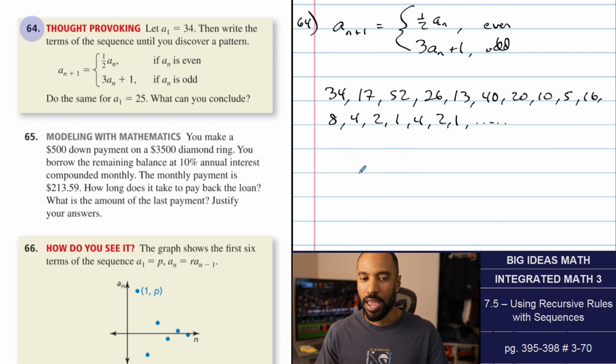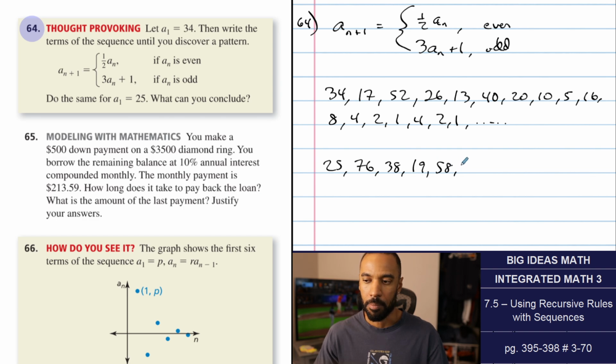Do the same thing for a sub 1 is 25. Now 25 is not in this list, so we'll start with 25. Triple it plus 1 is 76. Half of it is 38. Half of it is 19. Triple it plus 1 is 58. I imagine we're eventually going to get back to 421. Half of it is 29.